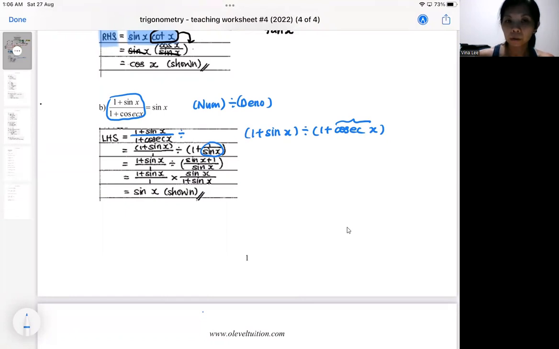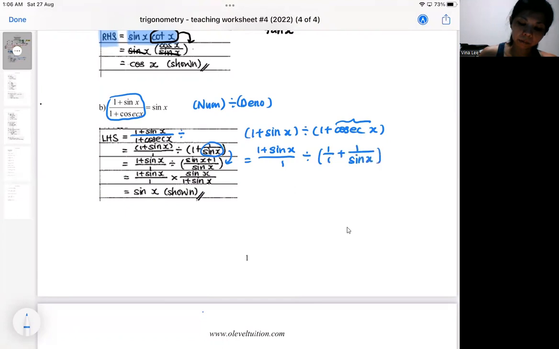After I change it to the formula, I realize that I'm going to make it into a fraction divided by a fraction. So I'll make it into a single fraction. Why do I want to achieve the idea of a single fraction?